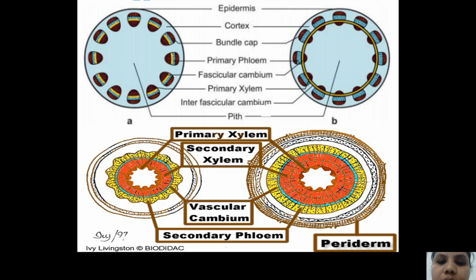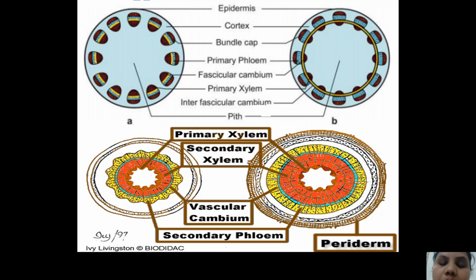Now, after the activity of the medullary ray cells, as a result of which the interfascicular cambium was formed, the intrafascicular and interfascicular cambium join and form a cambial ring, as you can observe in diagram B.